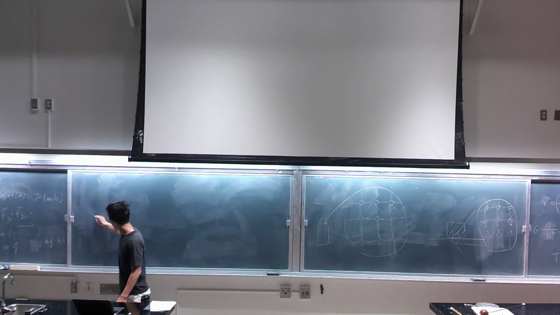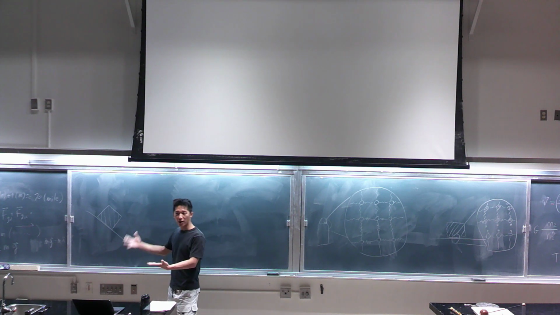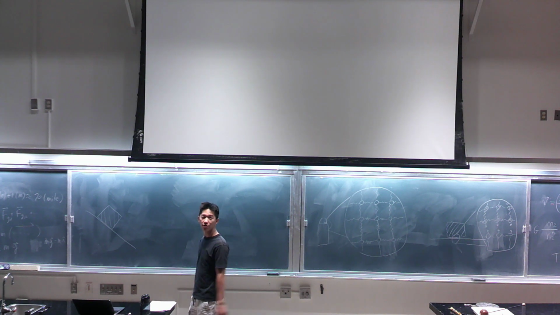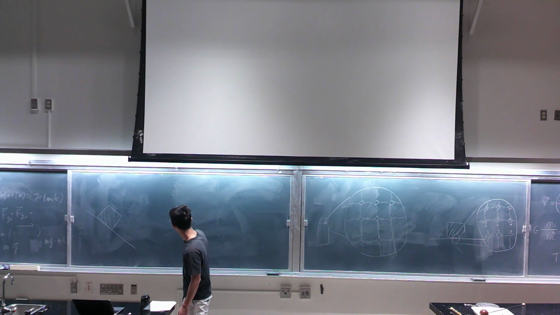Let's say we are looking at a ramp and a block is sliding down. When we look at it, we are looking at a bunch of particles. The block is some particles, and the ramp is also some particles.